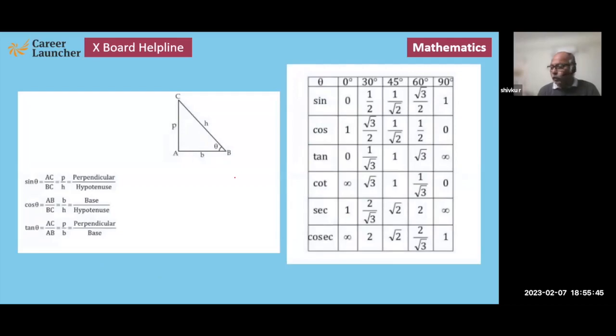We need to know about the relationship of these trigonometric ratios, इनको हम कहते हैं trigonometric ratios, उनके values पता होनी चाहिए, at least the standard values till 90 degrees, and you must know something called trigonometric identities. So इसी को apply करते हुए you will get questions based only on trigonometric identities. There are also questions based on heights and distances that come as a part of trigonometry.